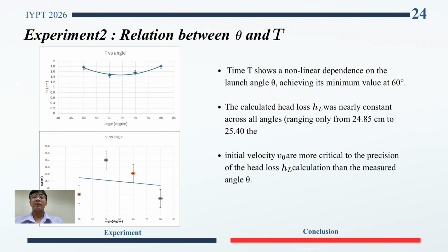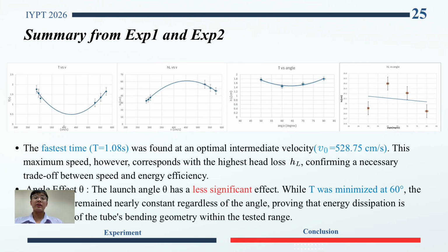Time T is at its minimum value at theta 60 degrees, and the calculated head loss is nearly constant across all angles. To summarize all the experiments, the fastest time T at 1.08 seconds is at a velocity of 528.75 centimeters per second.